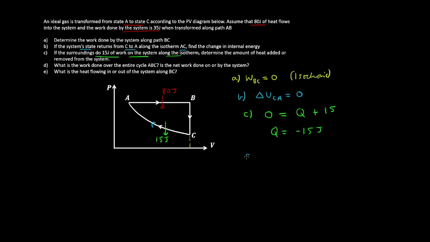Now part D asks us to find the work done over the entire cycle ABC, and is the net work done on or by the system?